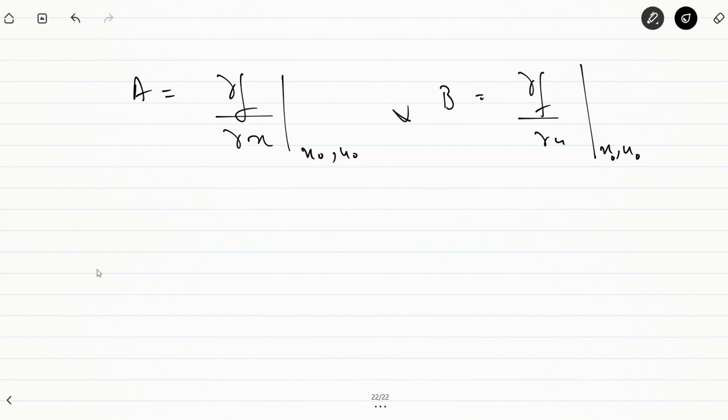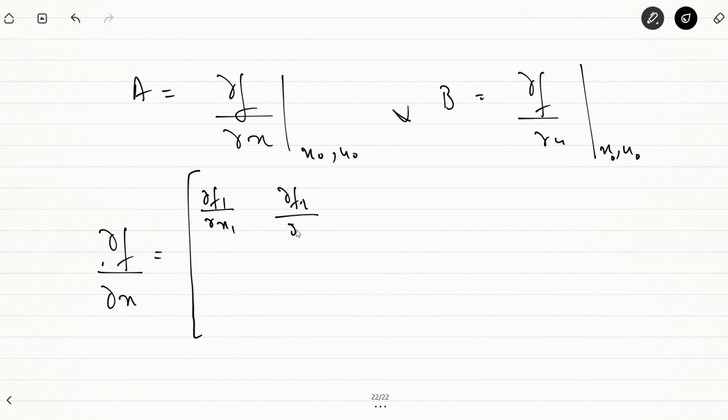So in other words, since A is a matrix, delta f by delta x will be nothing but delta f1 divided by delta x1, because now there will be n state variables, so you have n differential equations. Each differential equation's partial derivative with respect to each and every state variable.